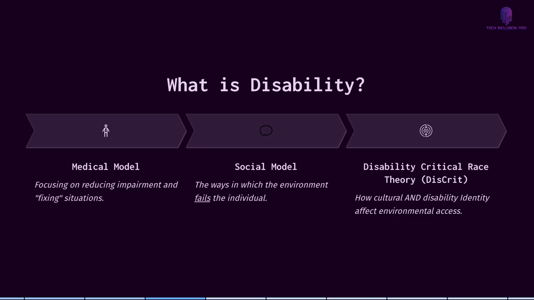And chances are you are going to come in contact with people that are going to need different learning styles than the ones that maybe you are used to. You can't just assume the way that you are approaching things is the right way. You have to ask the people that you're working with. And throughout this training, I'm going to teach you tactics on how to do that. How do you consult with people with lived experience in the communities you're trying to serve?